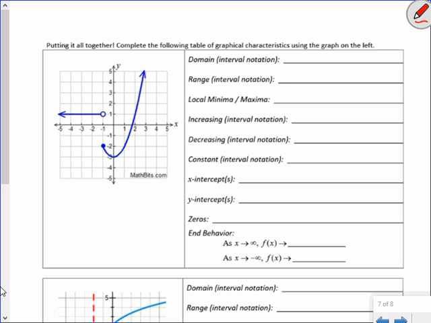So let's start with this first one. So for the domain, again, you want to think, what's the furthest left? What's the furthest right? Where do I start? Where do I stop? That kind of thing. So if you notice that this arrow right here is pointing forever to the left, that means that my left bound, where it starts, quote unquote, is at negative infinity. And then as we continue reading our graph from left to right, that's how I always read a graph, right?